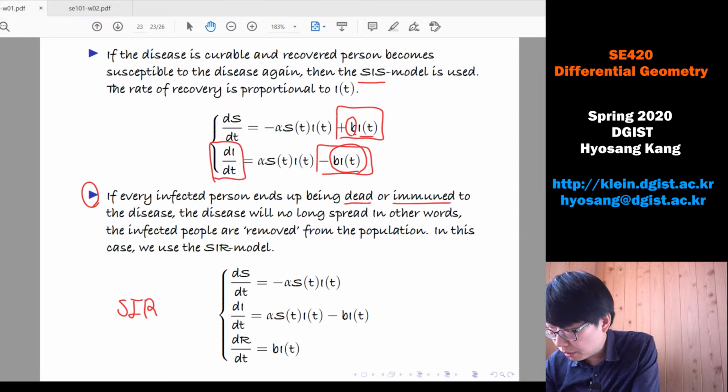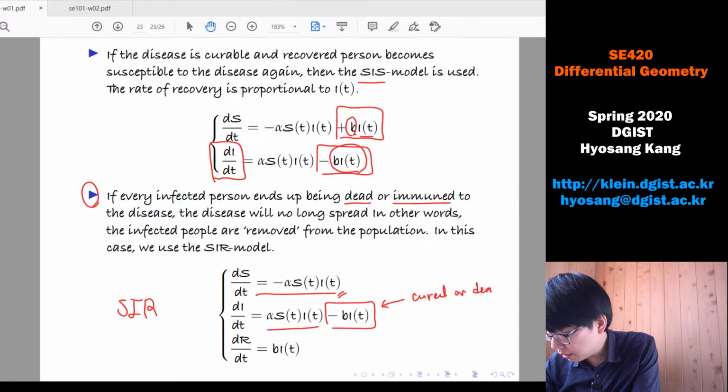So we have susceptible only decreasing, and we have infected increasing from the susceptible people, and also there is a decrease rate proportional to the number of infected people, and this is by cured or dead.